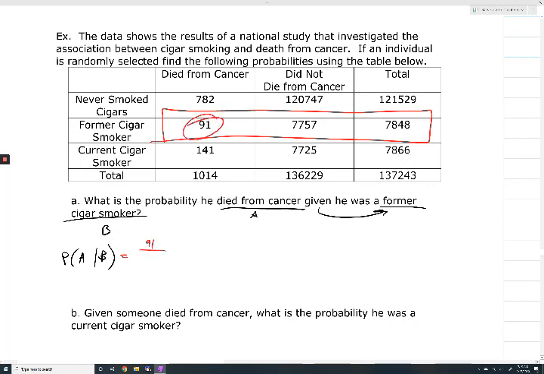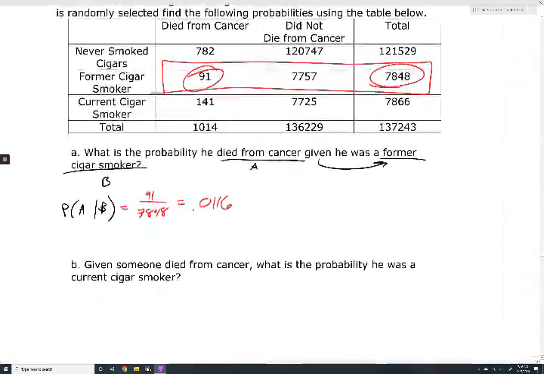So we have 91 people over the total former smokers, 7,848. And so that's how it differs between the way we were using a two-way table with our ands or with our ors before, where we're adding everything together. And now with the conditional probabilities, we're not looking at the entire group, we're looking at a subset based on that given piece of information.